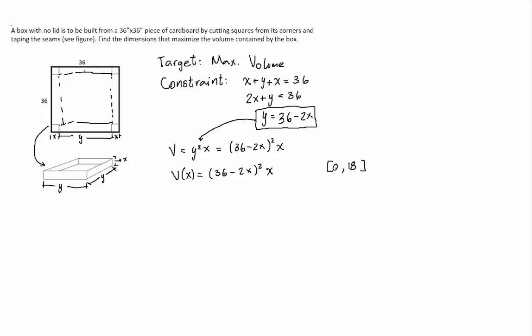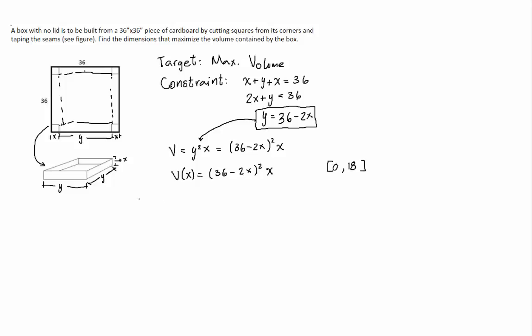I did not say we find when the derivative is undefined, only because this is again a polynomial, so it's always defined. If it were a rational function, or any other kind of function, I would have to be careful with that. But in this particular case, it's just find the derivative, set it equal to 0.